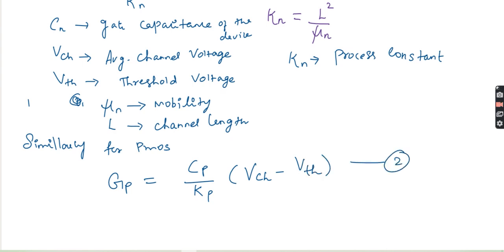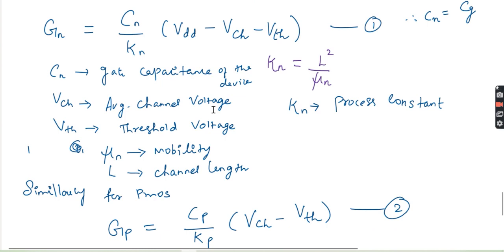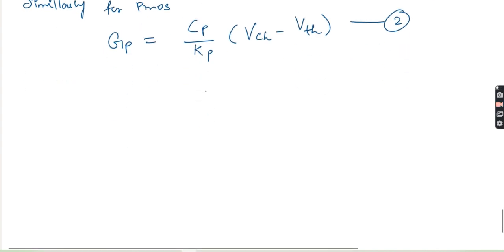This is equation number 2. Here, in our adiabatic circuit we consider a transmission gate. The transmission gate has PMOS and NMOS. So for NMOS the conductance is this equation, and for PMOS the conductance is this. So now let us see the sum of both.